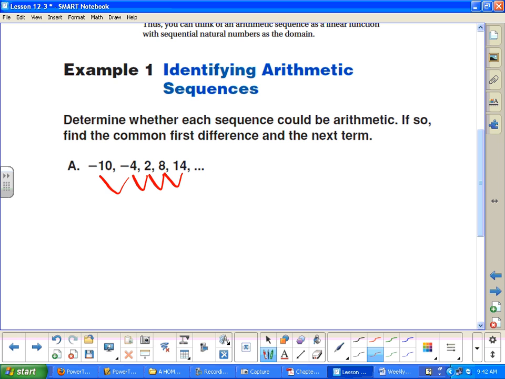So 14 minus 8 is 6. 8 minus 2 is 6. 2 minus negative 4 is 6. And negative 4 minus a negative 10, okay, so that'd be negative 4 plus 10, and that is also equal to 6. So here the common difference D is positive 6.